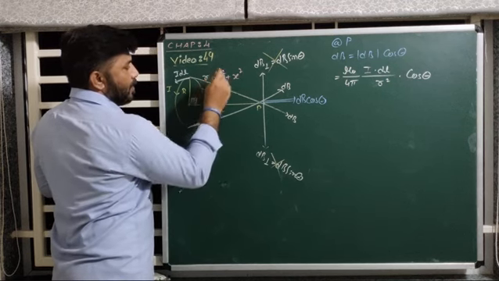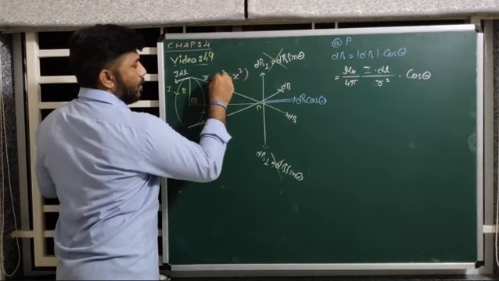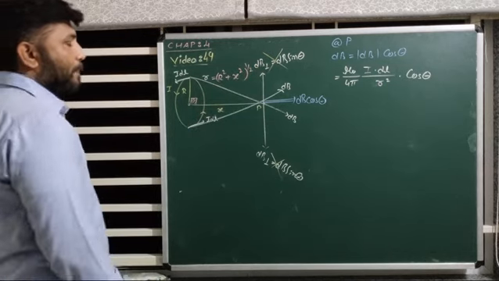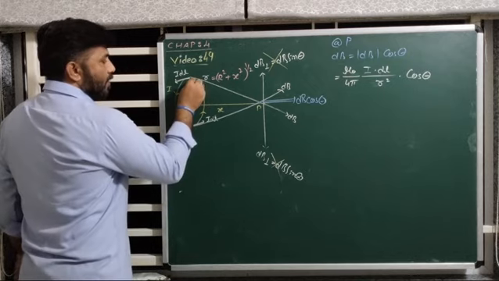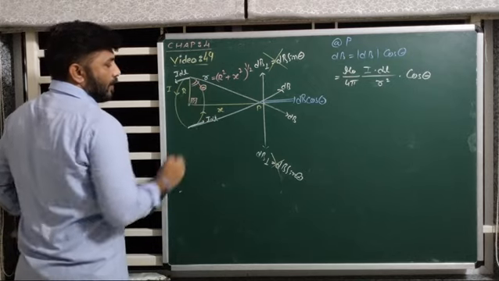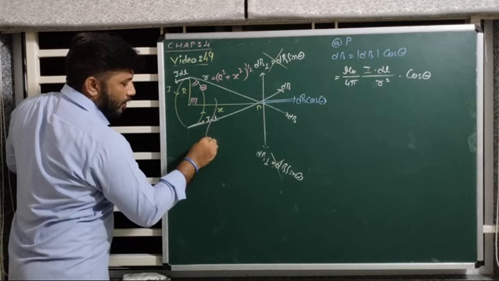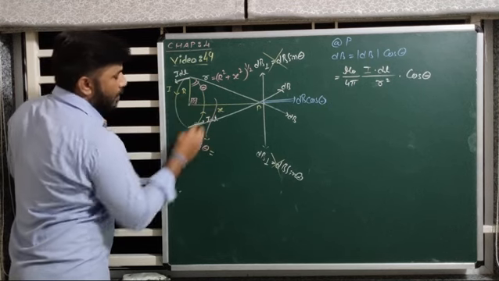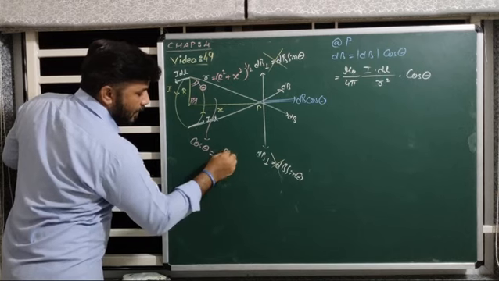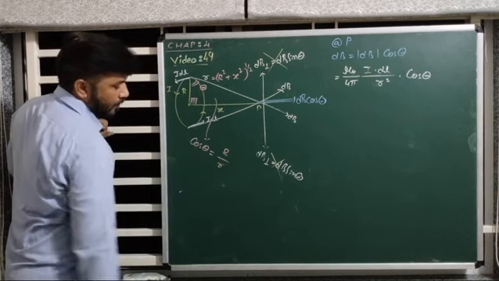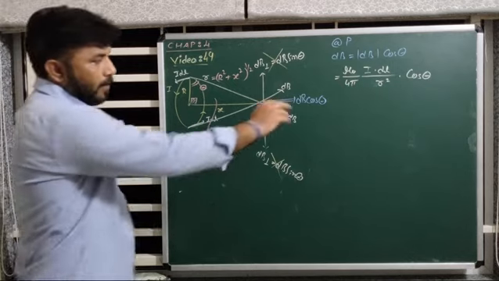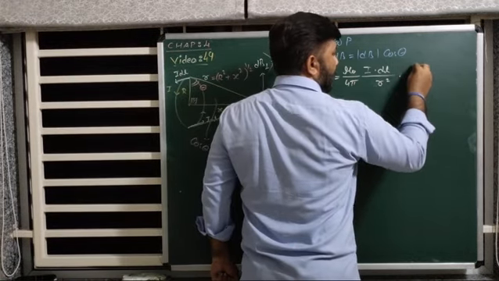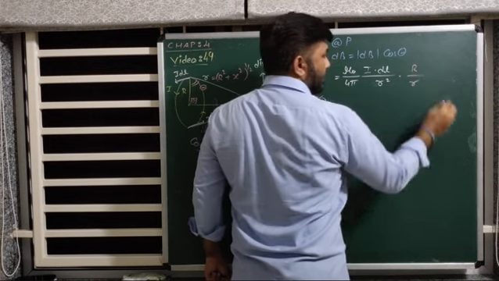In this figure there is one angle, theta. Cos theta is adjacent upon hypotenuse, that is capital R by r.